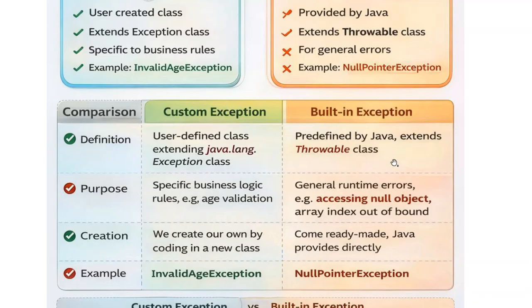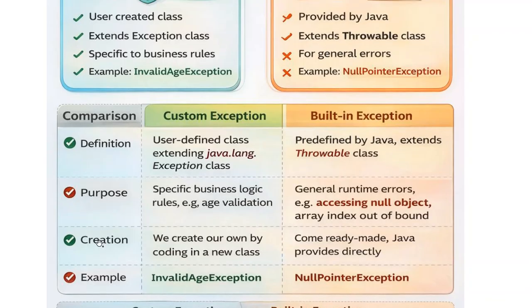Accessing a null object, for example calculating the length of a null object, or array index out of bound, all come under the built-in exception. For custom exceptions, we create our own exception. Built-in ones are ready-made and already present, so we can access them directly. Examples like NullPointerException, ArrayIndexOutOfBoundsException and ArithmeticException all come under the built-in exception.